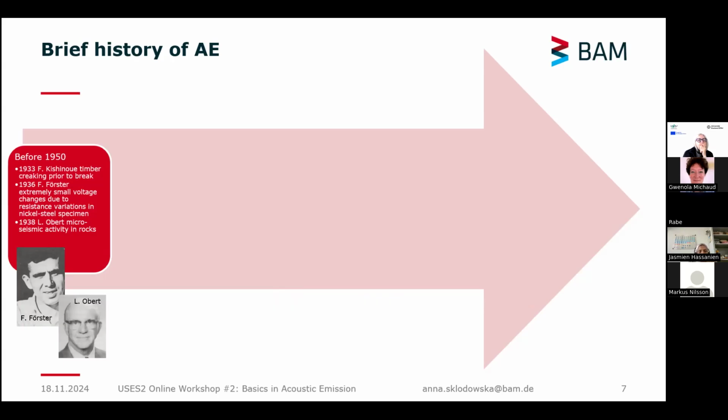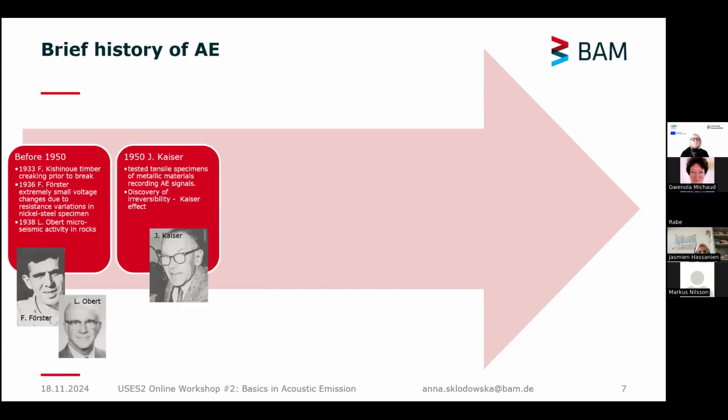And then also in the 30s, in 1939, came the first studies in the geological field, where Obert was working on seismic activity in rocks. And since this is very similar to acoustic emission phenomena, this is the first mention in terms of geology.